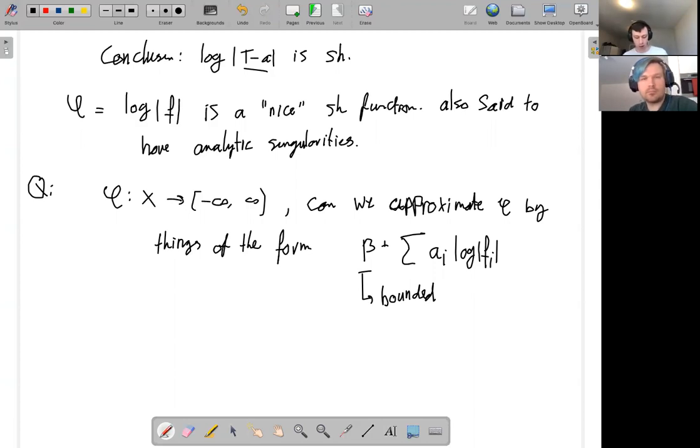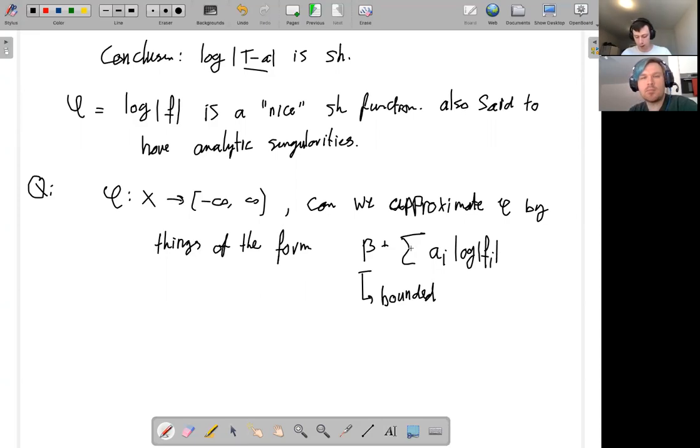Right, so we start from something arbitrary, which can be complicated potentially. But to be honest, I don't have a very good intuition for what this could look like or how something like this would arise in practice. I don't know how you get something more general than that. But whatever, let's say you do start from something like that, which you somehow get out of something else. Can you approximate it by things of this form, which are sort of easier to understand, I guess.